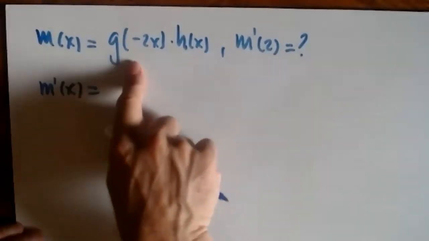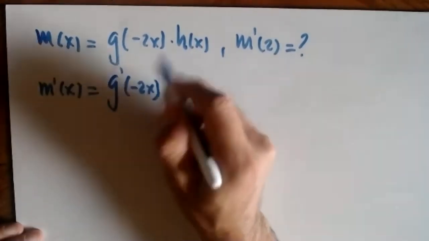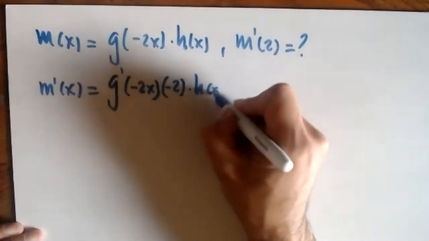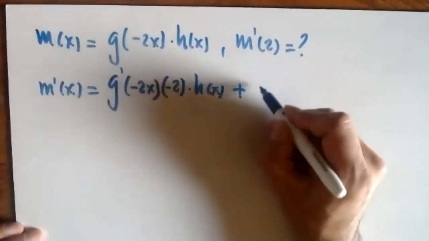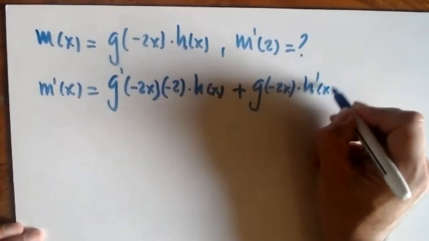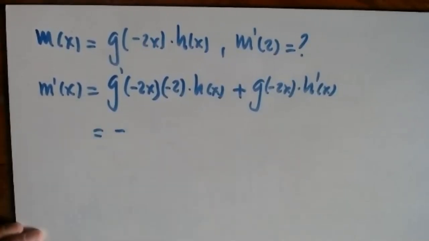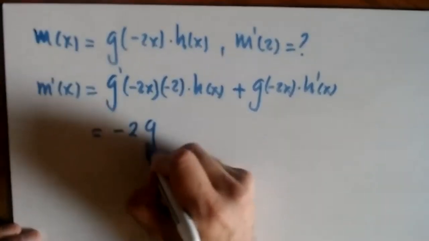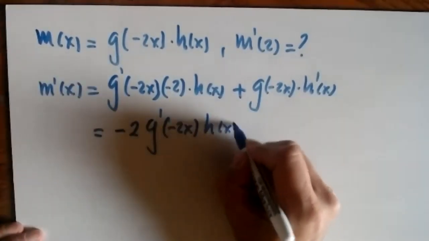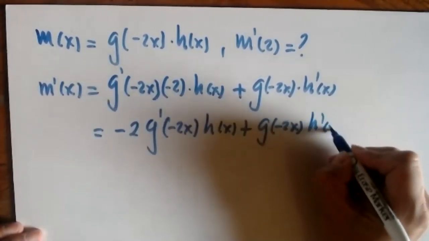So it's the derivative of this times this: g prime of negative 2x, times the derivative of the inner function, negative 2, times h of x, plus g of negative 2x times h prime of x. Now, sorting this a little bit, this is going to be negative 2 g prime of negative 2x h of x plus g of negative 2x h prime of x.